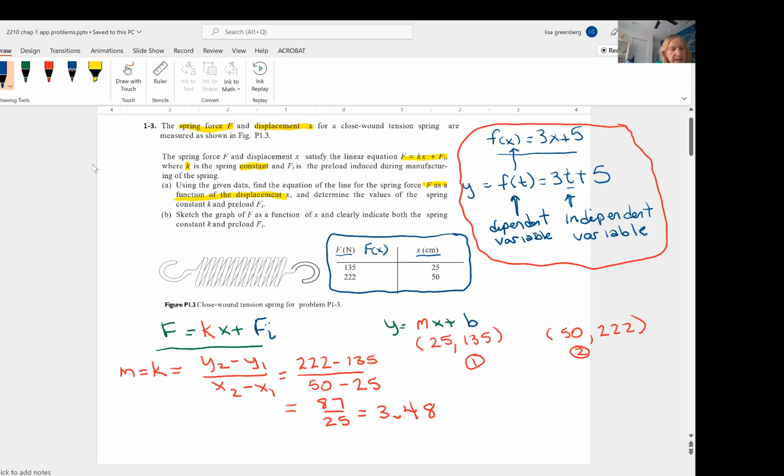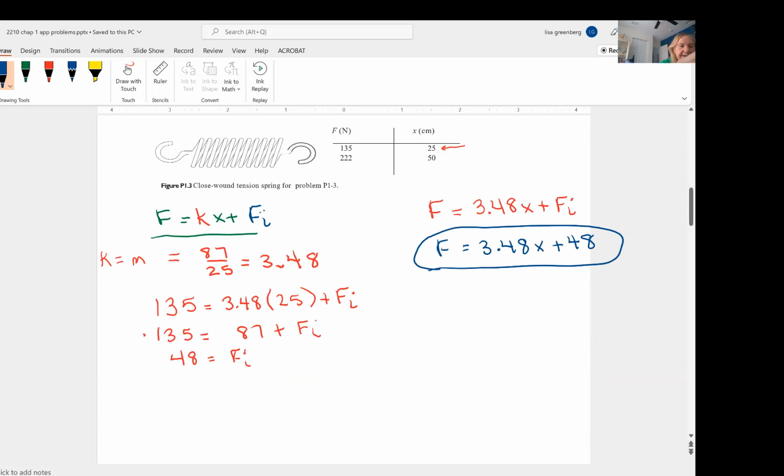So I would say that the best thing to do at this point is just to make sure you write K equals 3.48 and F sub I is equal to 48. And this would be everything that they've asked for and answered and put in the form of a function.